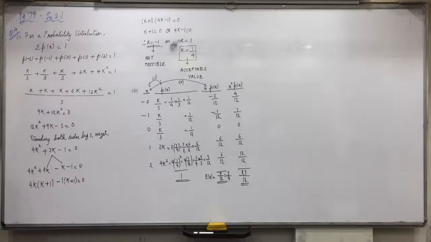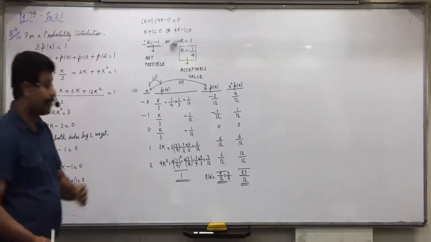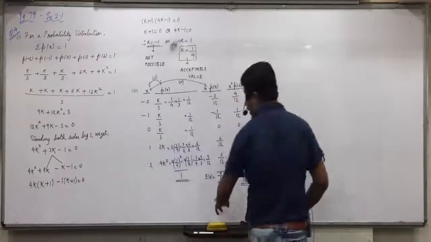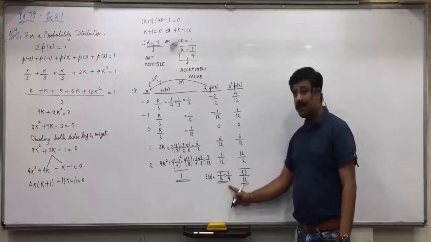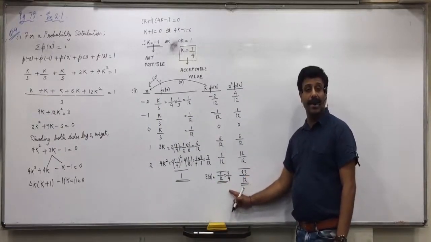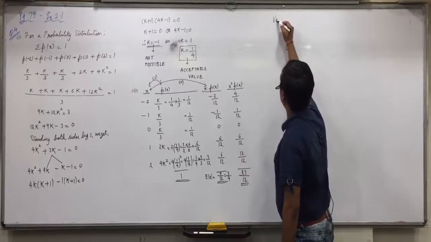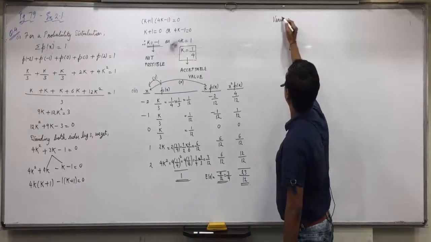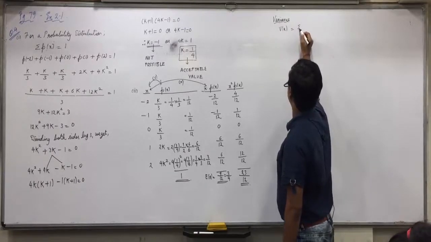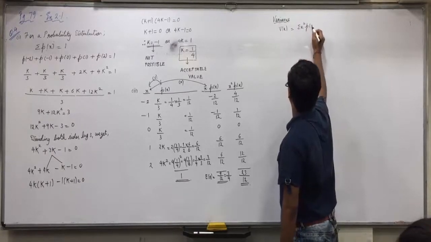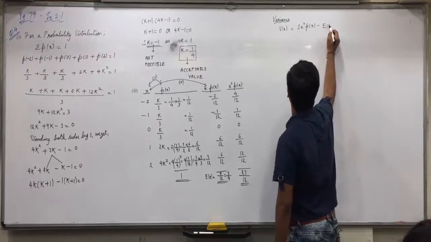Now what is asked in the question is variance. Mean is already obtained. In case mean is asked, then that is E(X), 3 by 4. Mean is directly E(X). But we are asked to find variance. So variance V(X) is equal to sigma x square p(x) minus E(X) square.